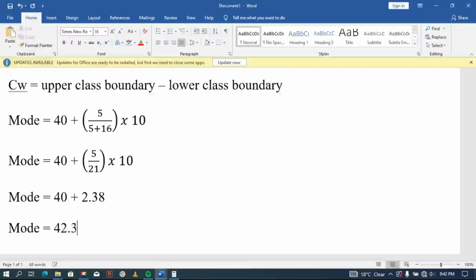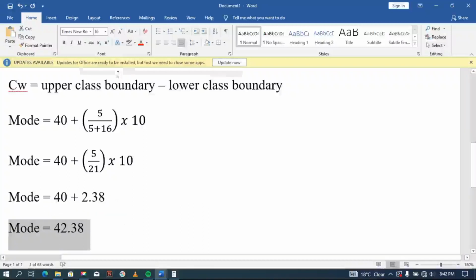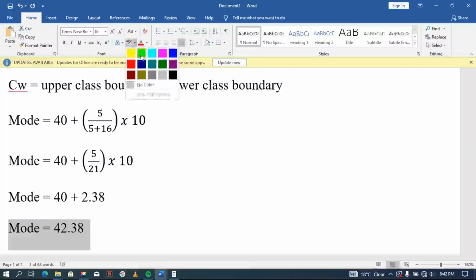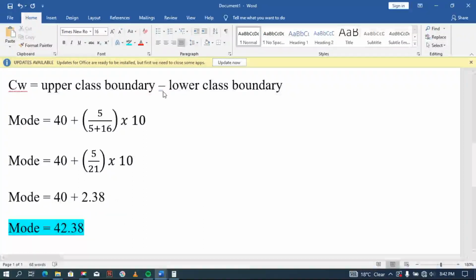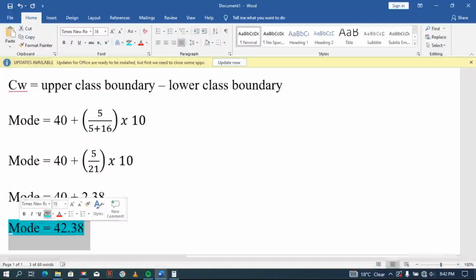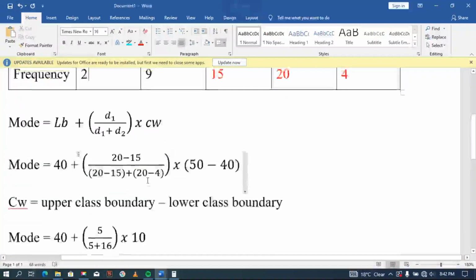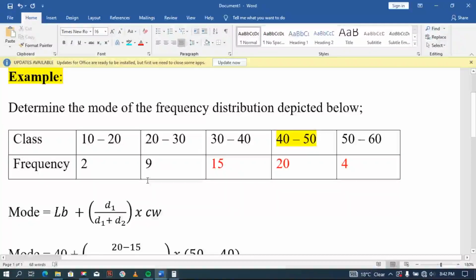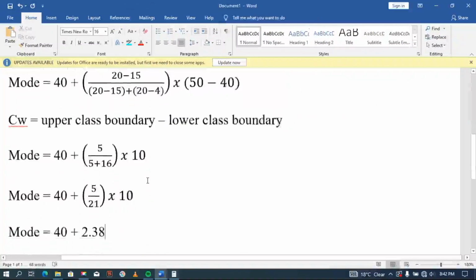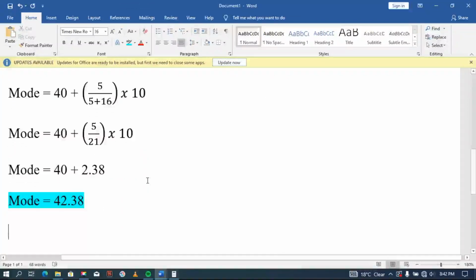So our mode will be 42.38. So since we are not given the units, we can leave it as that, 42.38. That is our mode, and that is how we compute the mode.